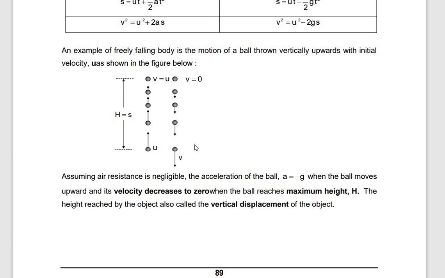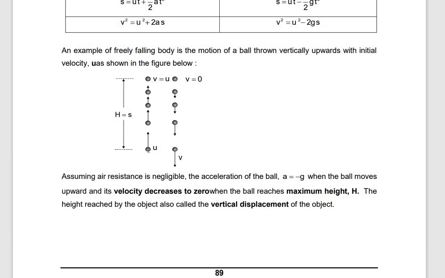And then, dia akan turun balik to reach the vertical displacement yang ni. Okay, bila dia sampai satu tahap dekat tempat asal dia tu tadi, displacement dia akan jadi kosong. Sebab kat sini s, bila dia turun bawah, dia jadi negatif s. s tambah negatif s, dia jadi kosong.